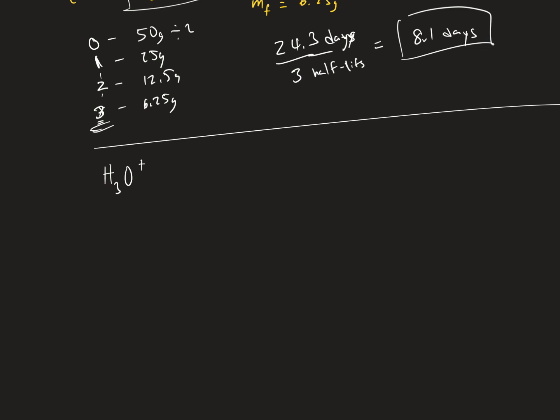It says calculate the concentration of H3O plus. That's basically the concentration of H plus. What I was confused about is that these two sections were the same, and I was just dividing by 1 times 10 to the negative 14.